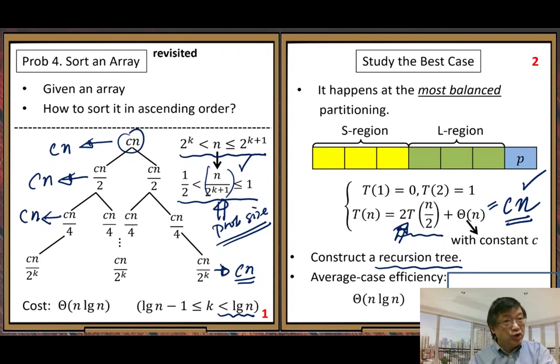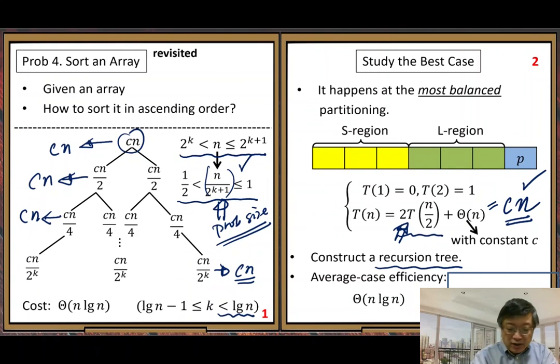Usually people do experiments: write a program, run the experiments many times, get the data and compare the average case efficiency and the best case efficiency. And the ratio is bounded by some constant.